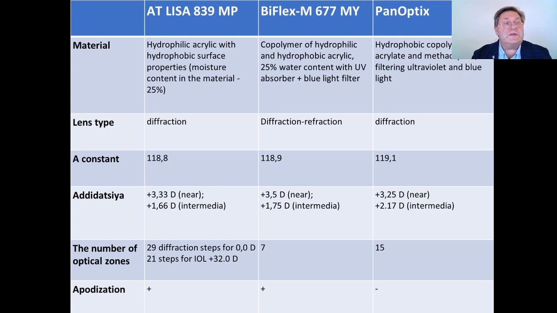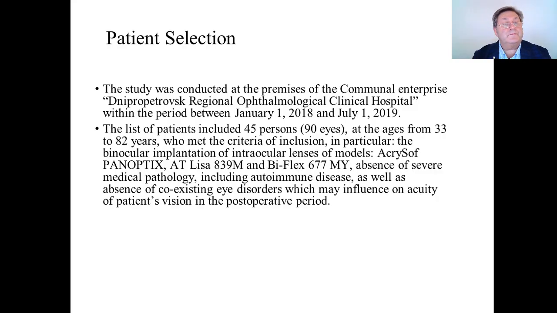Now you can see the slides where we compare all kinds of the lenses. The study was conducted at the premises of the communal enterprise Dnipro Regional Ophthalmological Clinical Hospital within the period between January 1 and July 1, 2018 and 2019.